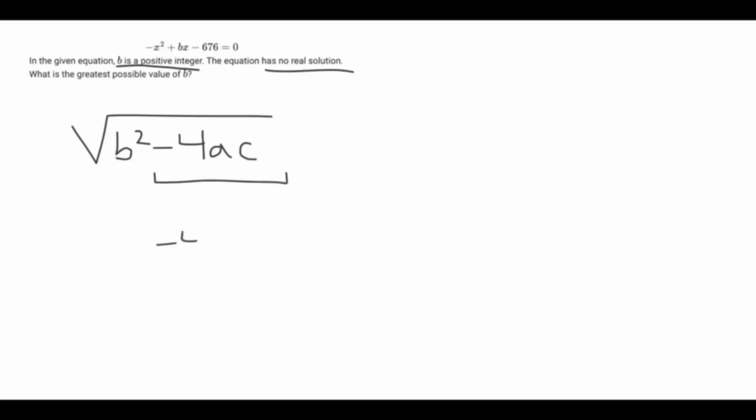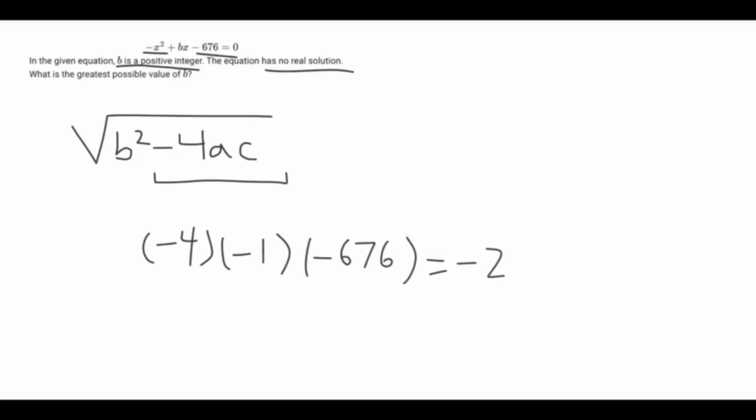So let's first calculate negative 4 times a, we know our a value is negative 1, times c, our c value is negative 676. And this will give us a value of negative 2,704. All right. So as we talked about before, we need to know that the value of b squared has to be less than 2,704, but it has to be the greatest possible value.